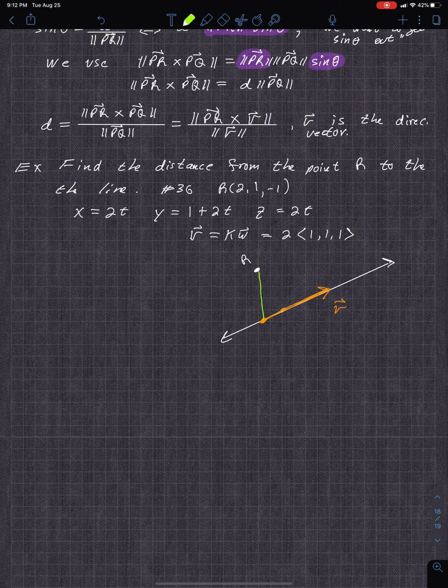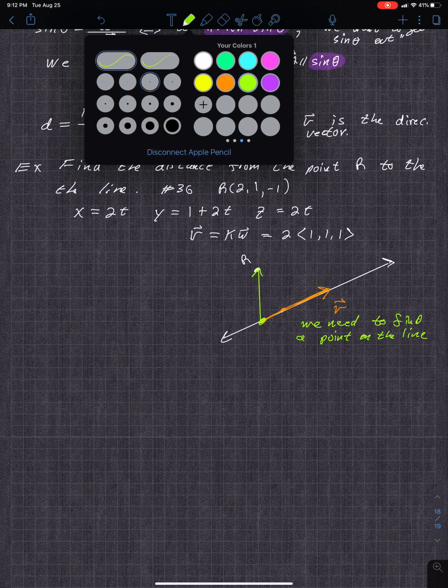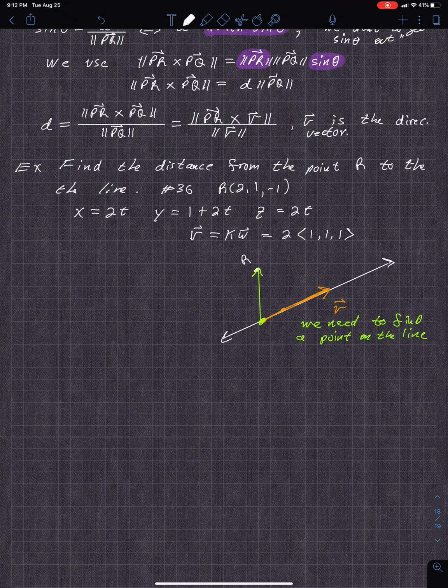And so to construct this vector from the line to R, I need a point on the line. So we need to find a point on the line. And that's one of the critical things. So how do you find a point on a line? I'll write this over here. Find P, a point on the line.